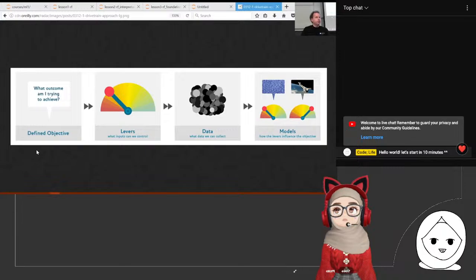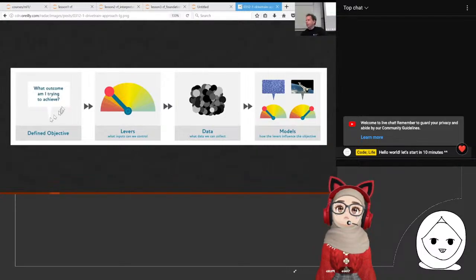These are objectives. The objective is something that is directly the thing that the company or organization actually wants. No company or organization lives in order to create a more accurate predictive model. There's some reason, right? So that's your objective.